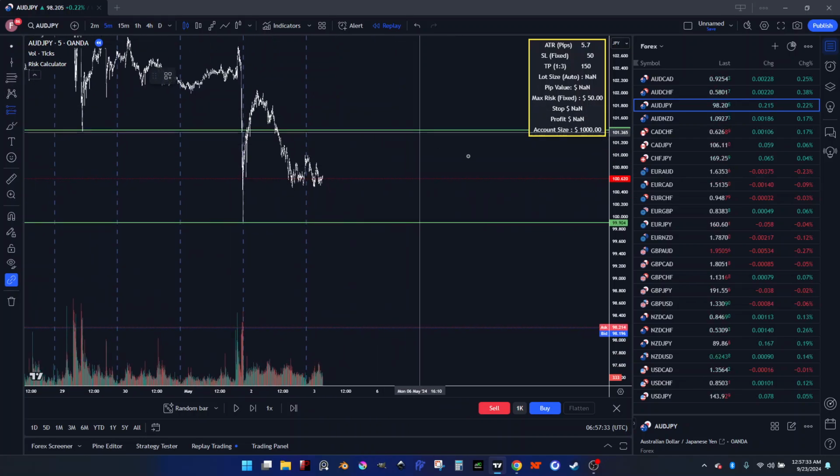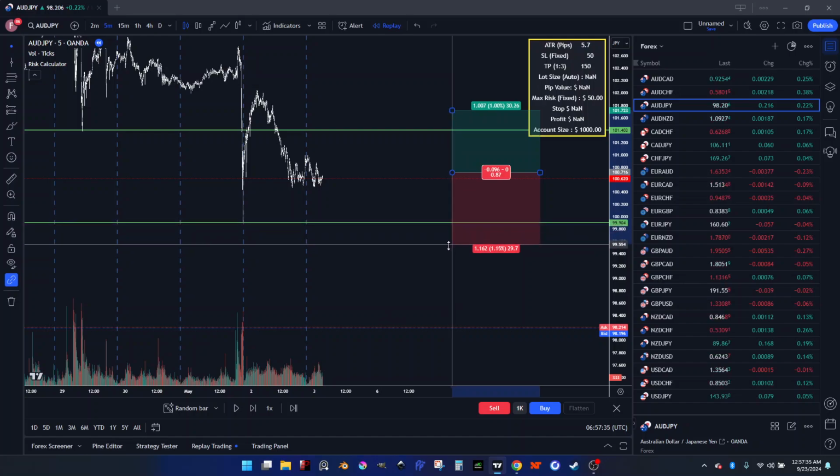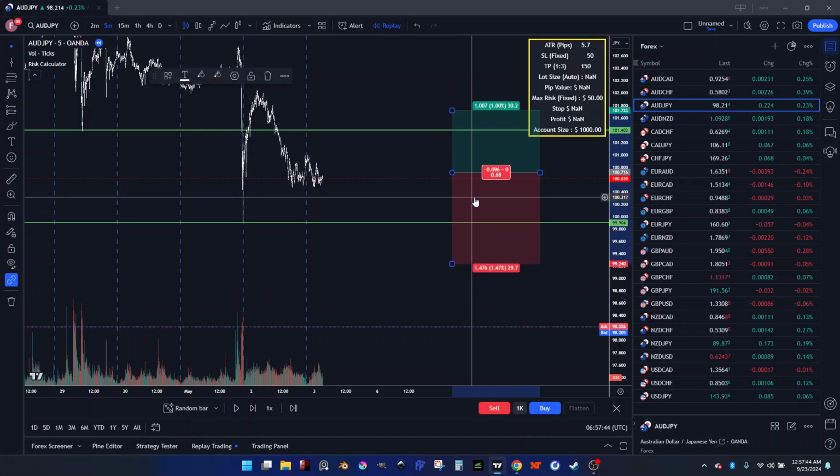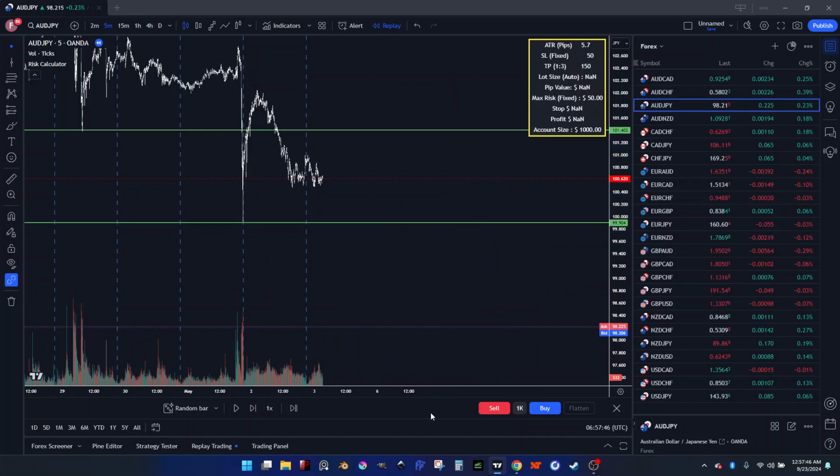Let me take a look at something real quick. Okay, so this is not... Hold on. We're going 50 pips. That's not very far, is it? Yes, it is. No, it's not. Not really.